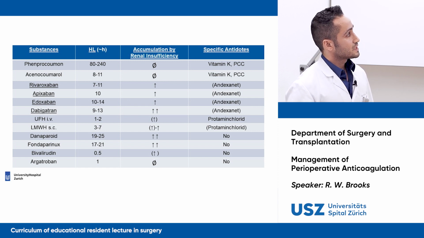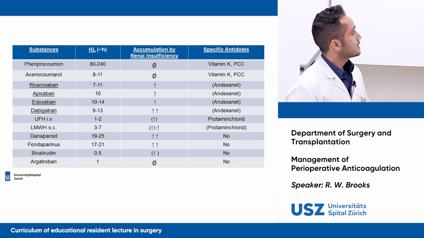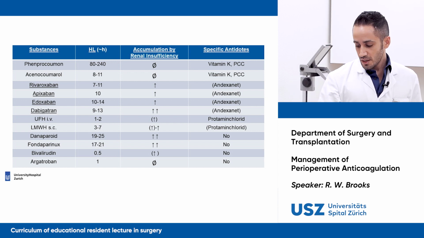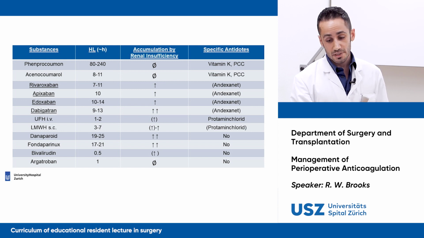And there's also the matter of specific antidotes. For those four underlying substances, which belong to the direct oral anticoagulants, we do have specific antidotes like andexanet. Because of the limited time, I will be focusing on the DOACs.